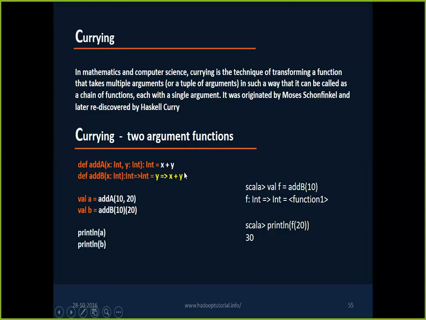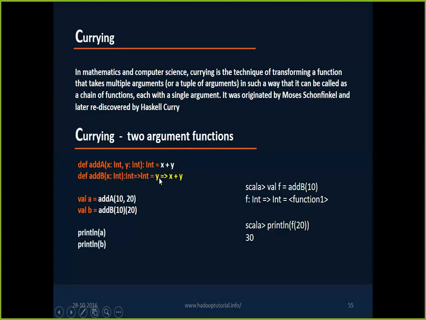Instead of this, if I define one more function, def add b, which takes only one value as a parameter, x of int, and returns another function, int arrow int.